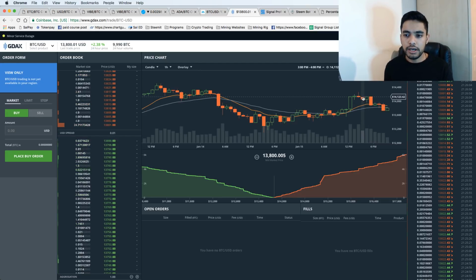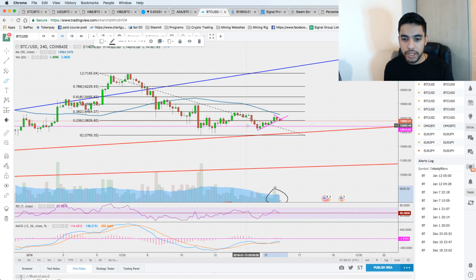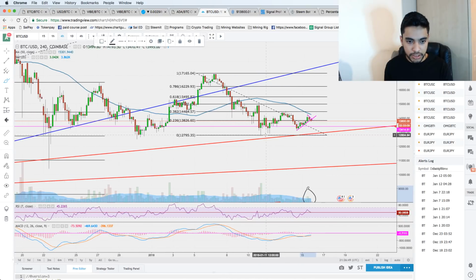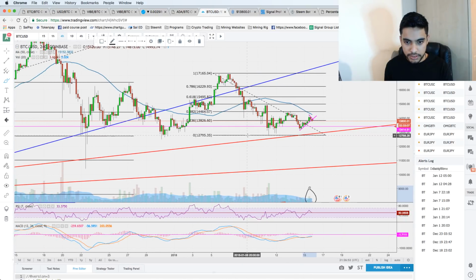We've been making a lower lows pattern. Our next support is in this area here, a weak support. Let's see what happens. But the main support on the 4 hour, if we look, is here at 13,400, and then as long as we hold this level, 12,800 roughly, we need to hold that level, actually this trend.